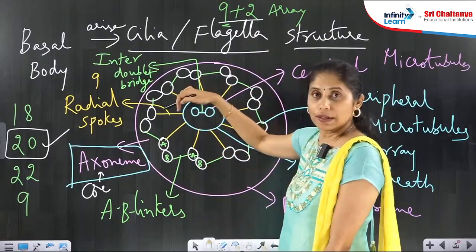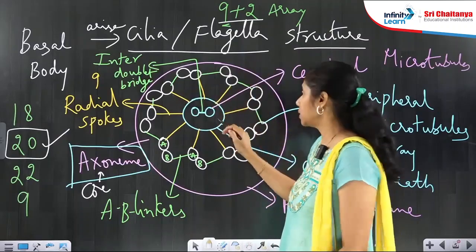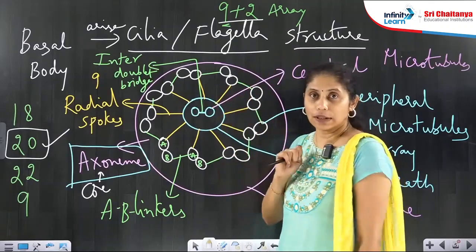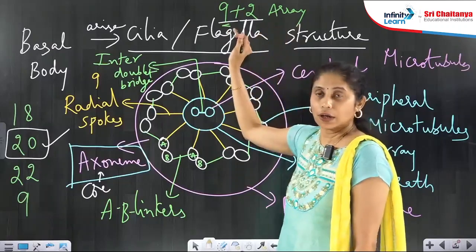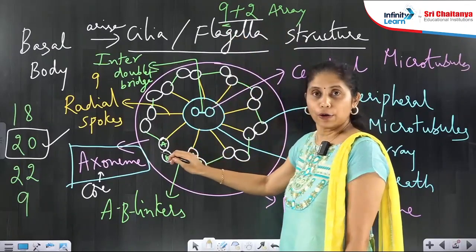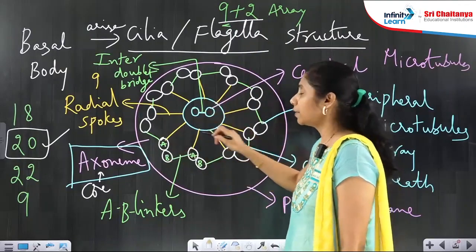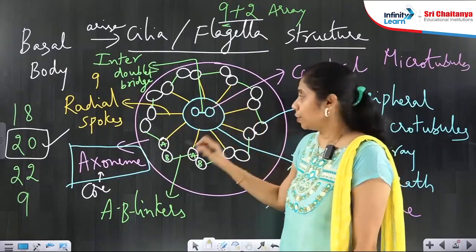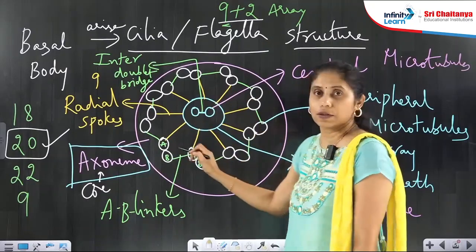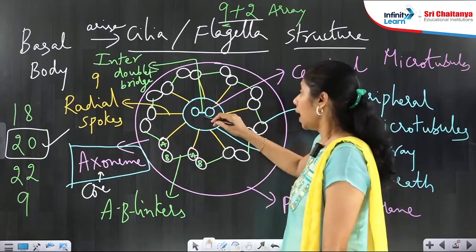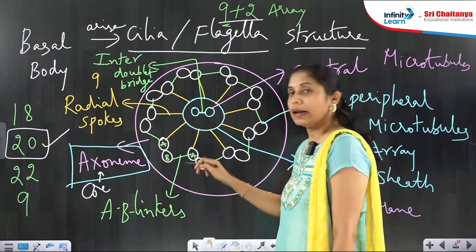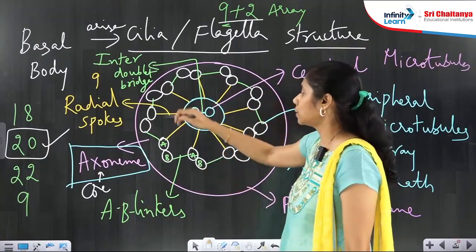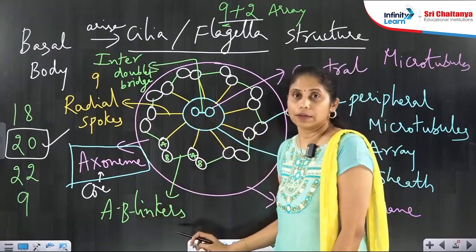9 doublets are present on the sides, and in the center 2 microtubules are there. So 9 plus 2 arrangement in eukaryotic cilia or flagella. And these peripheral microtubules are connected to the central sheath around the central microtubules by the 9 radial spokes. A and B are linked by AB linkers. All these peripheral microtubules are also linked by AB linkers.